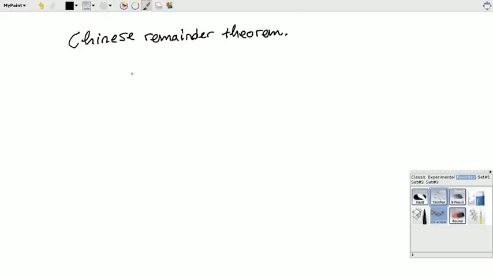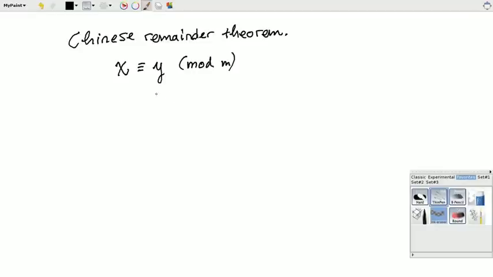Just to make sure we are on the same terms here, a congruence is something that looks like this: x is congruent with y modulo m.